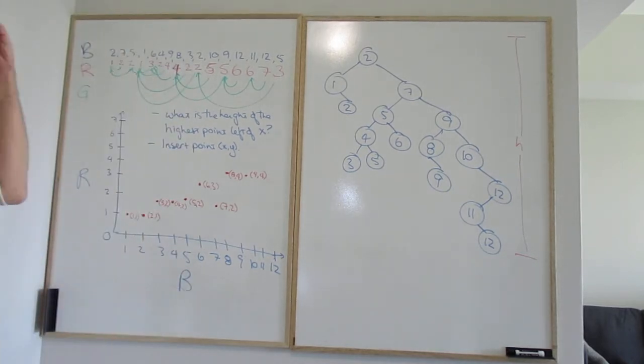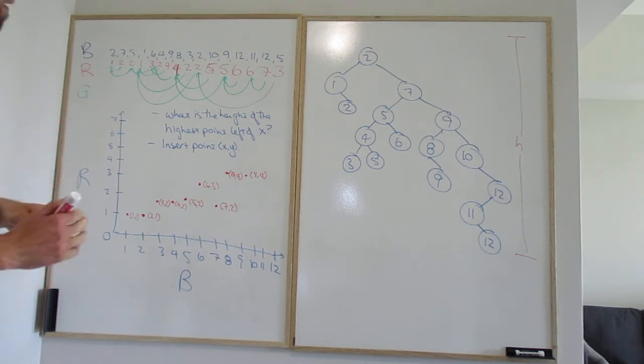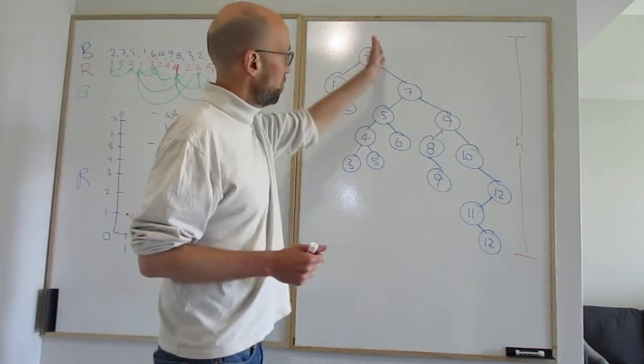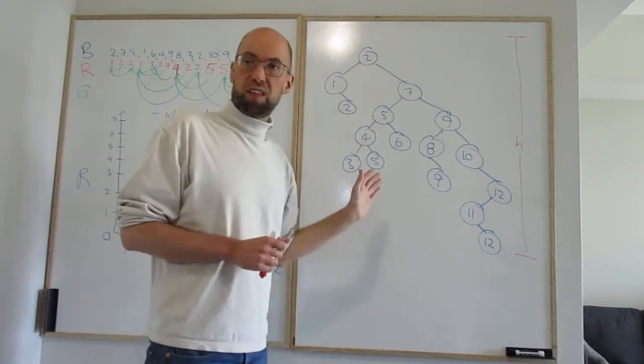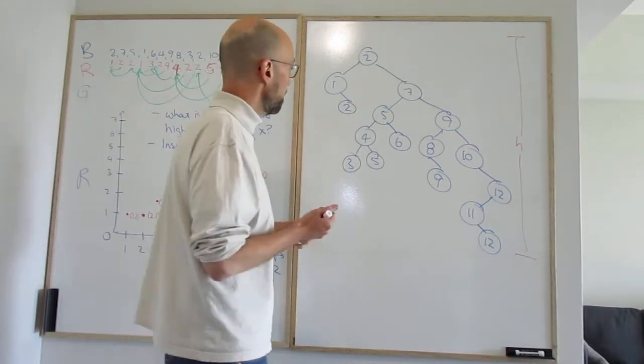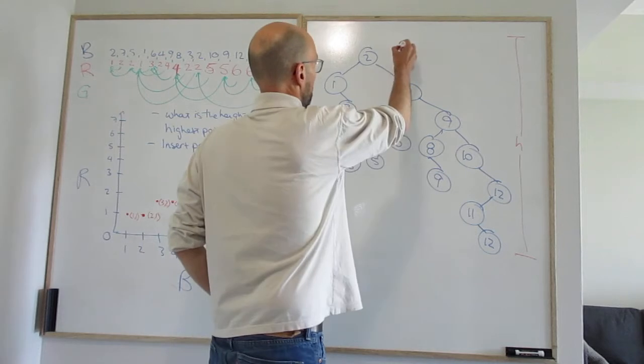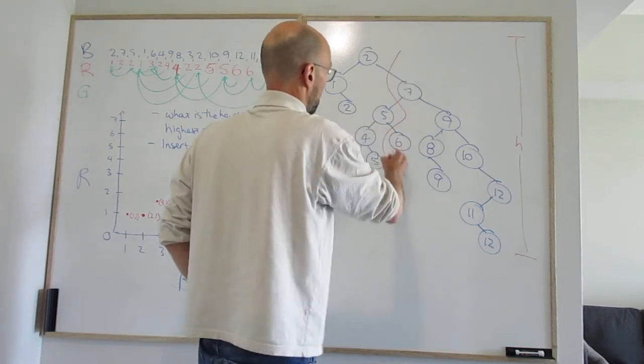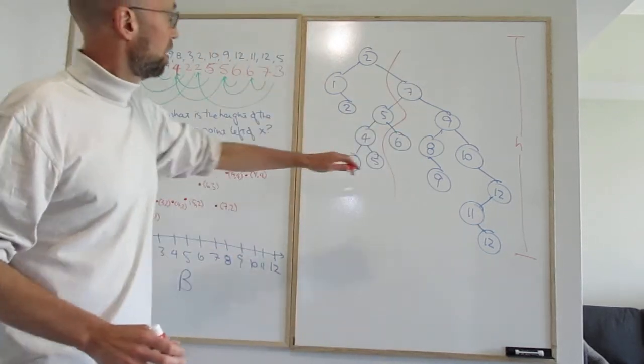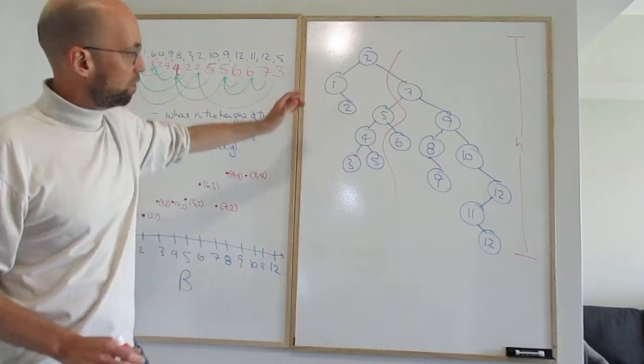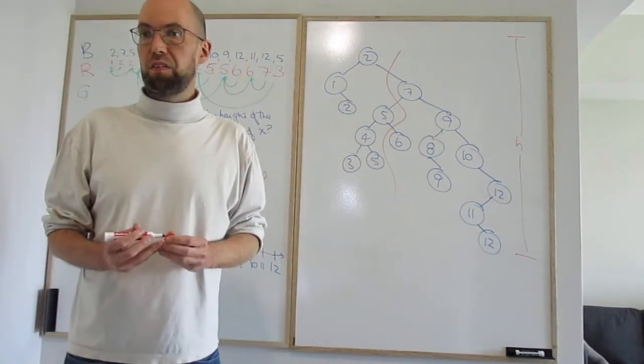If you choose, pick a number, say 5. It's possible to sort of cut this tree into stuff less than or equal to 5 and stuff bigger than 5.